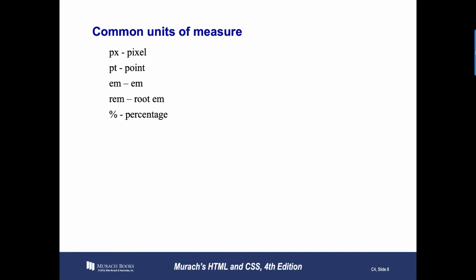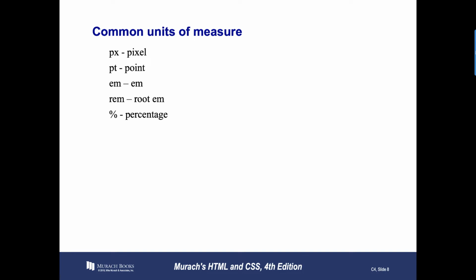Common units of measure. In fact, I think this is on a quiz. px for pixel, pt for point, em for em. And by the way, an em is the size of the capital letter M as the default size in a web browser. rem, or root em, refers to the size of the root font, defined in, say, the body. ems are relative to their parent in the document object model, the web page DOM structure.